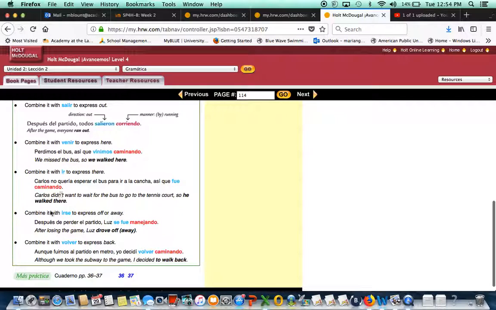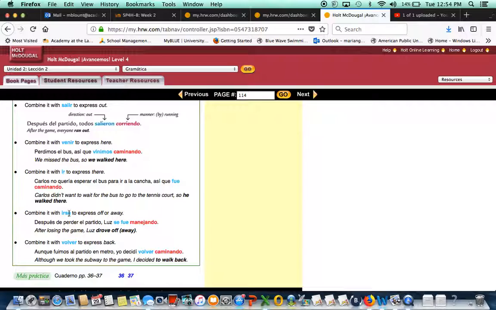Exactly the same thing. Now, when you combine irse, which is a reflexive, plus the gerundio, you're expressing off or away. Después de perder el partido, Luz se fue manejando. Again, exactly the same thing as salir, but in this case, you have to deal with the reflexive, okay?